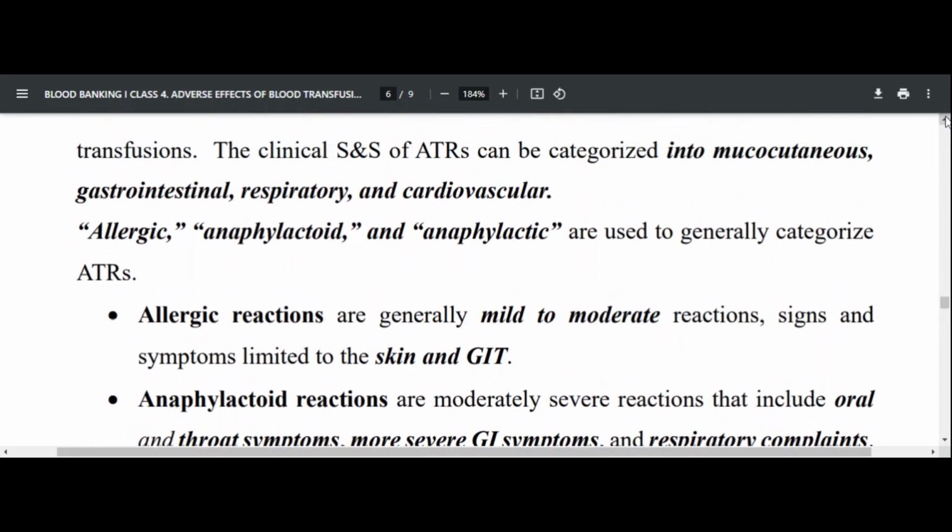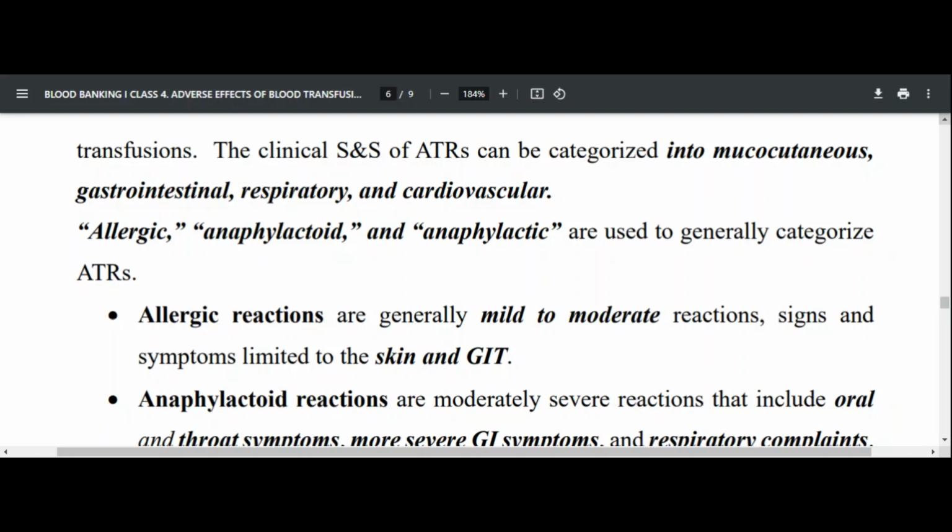The allergic reaction can be classified into different types. We have mucocutaneous, gastrointestinal, as well as respiratory and cardiovascular reactions. Allergic, anaphylactoid, and anaphylactic can be used to categorize those acute allergic transfusion reactions.